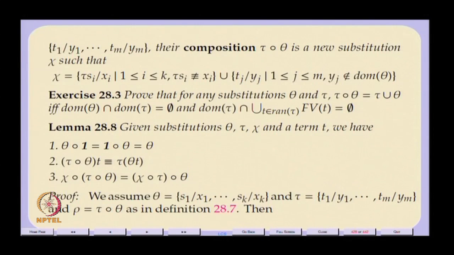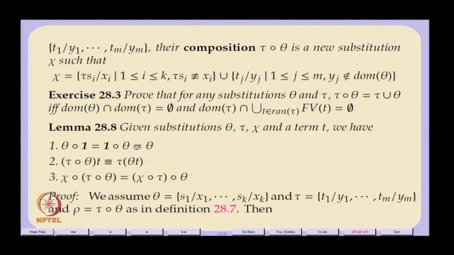Should it be range of theta? Yes, I think it should be the range of theta. There is clearly a mistake there. I think it should be the range of theta, because we are looking at a tau composed theta being just the union, right. So, this has to be theta definitely. Thanks, I will correct that mistake.